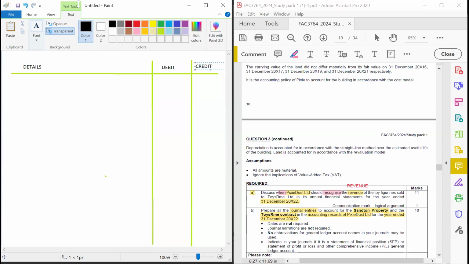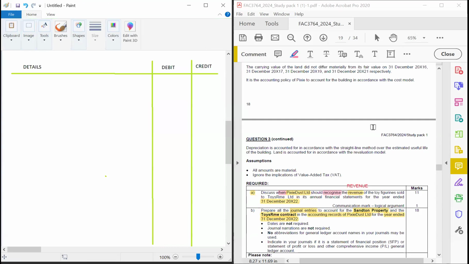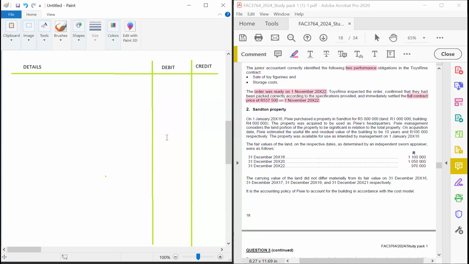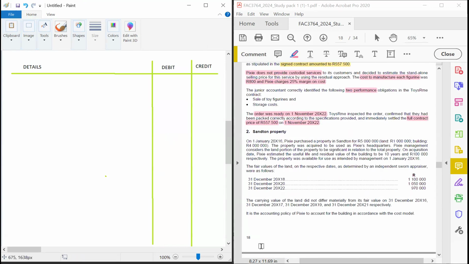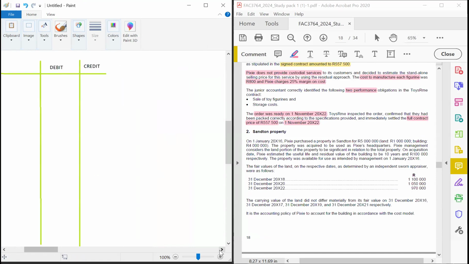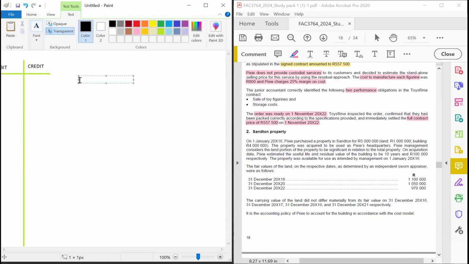Just before I dump all this information in here, I'm going to refresh a very basic principle. We always do the following for accounting. For assets, we always debit.